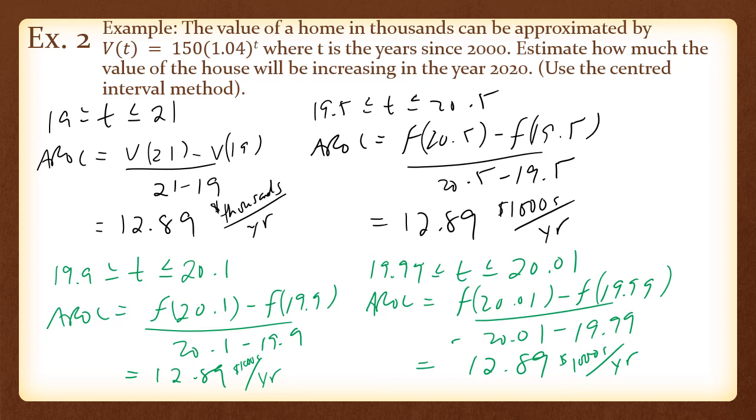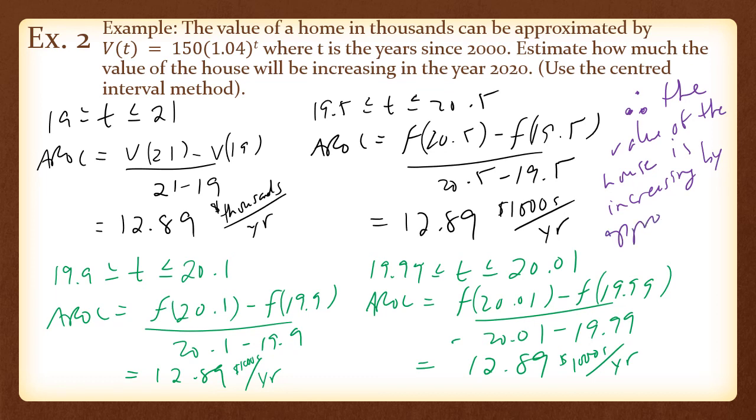So to answer our question, therefore, the value of the house, now we got positive value, so it means it's increasing, is increasing by approximately $12,890 per year.